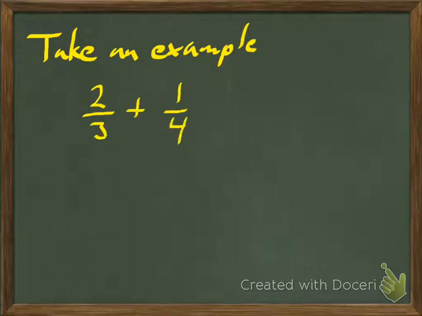Let's take an example. So let's start with 2/3 plus 1/4. The problem with this, and the reason we can't just attack it like we did last night, is the bottoms 3 and 4 are different. So imagine taking candy bars and breaking them up into, in the first example, 3 pieces. Your pieces are going to be pretty decent size, right? 1/3 of the candy bar.